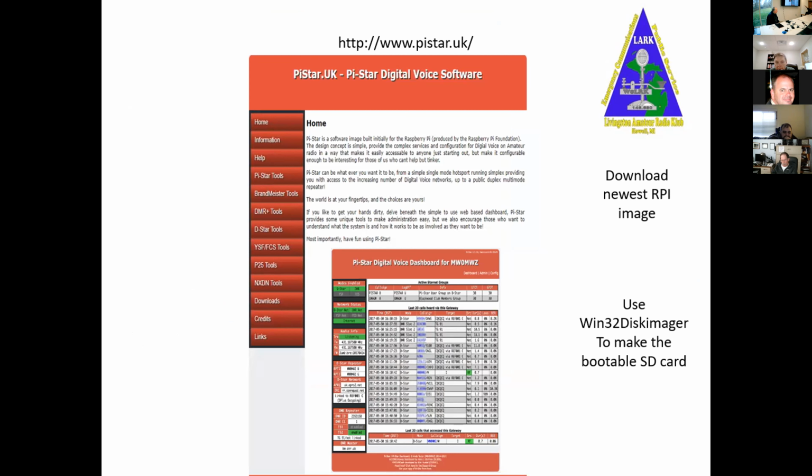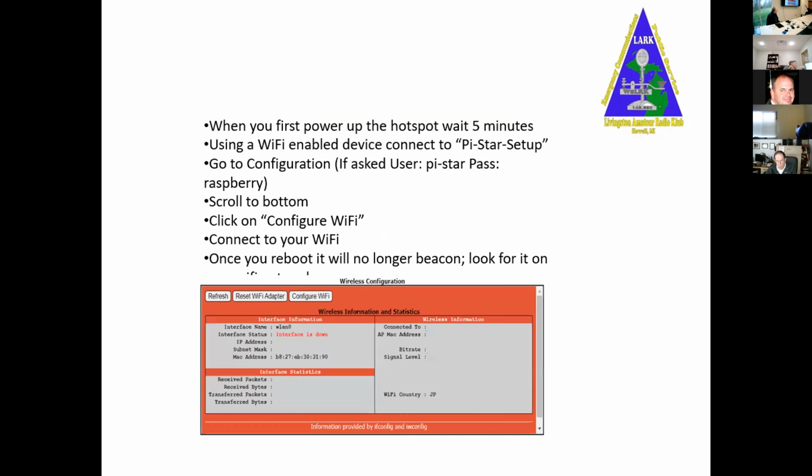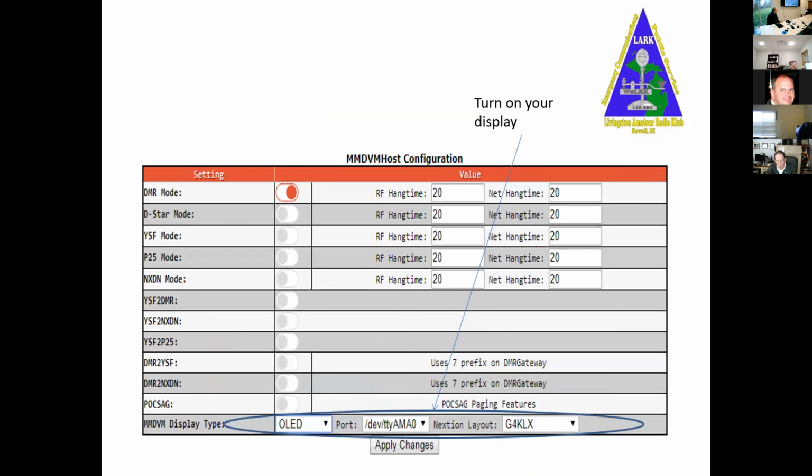It has a dashboard that's really nice to watch as people talk back and forth. You'll have a dashboard that's live. You can watch them talk back and forth. You can watch what's called the bit error rate. If your bit error rate's off, you know that minus 475, you have to adjust it. So you can adjust all this, but everything here is how to set up your PiStar.